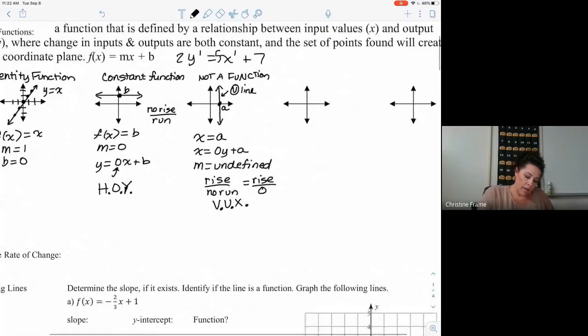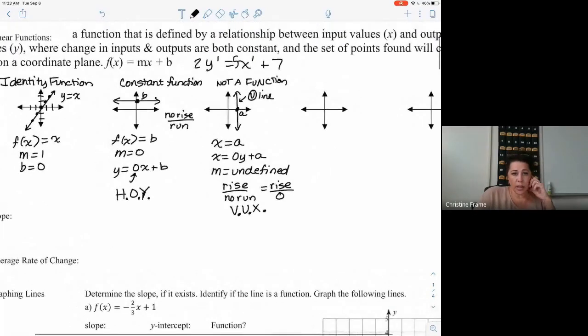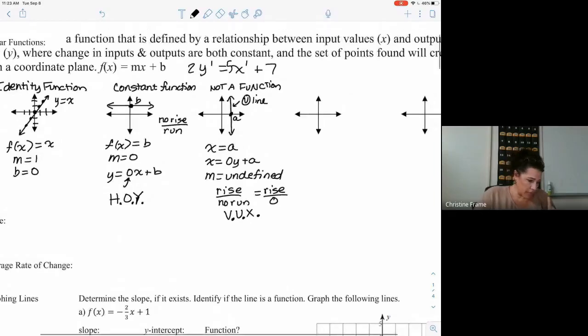Okay, so those are your specialized lines. You have your identity function, your constant function, that's just a 0 slope, and then your undefined slope, which is not a function, but it is linear. Next, we have a positive line, or a positive slope. Okay, so that just means that your slope is greater than 0.